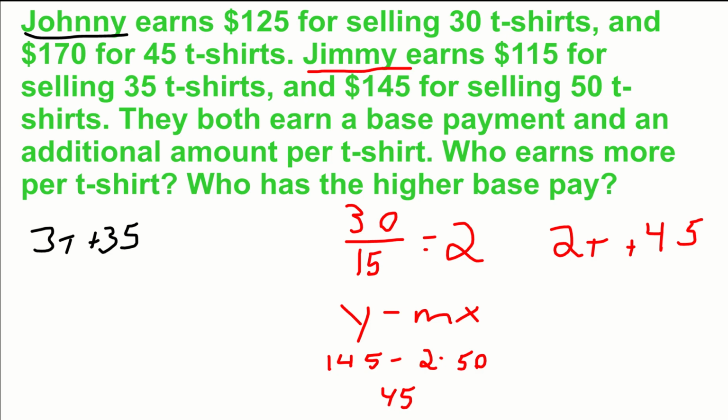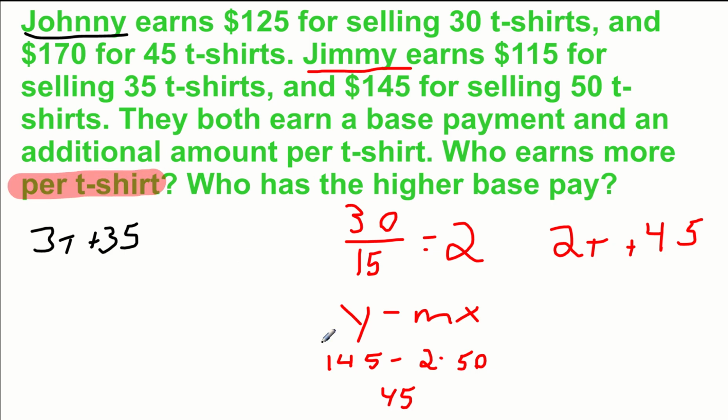Now we just got to pay attention to what the question's asking you for. This one's asking you for both things. The other ones typically will only ask you for one thing that's being compared. So it says, who earns more per T-shirt? Johnny earns more per T-shirt.